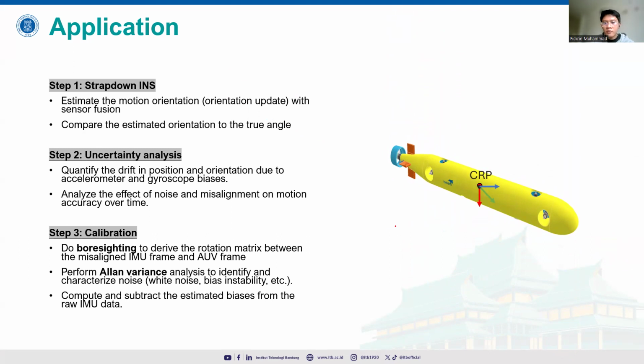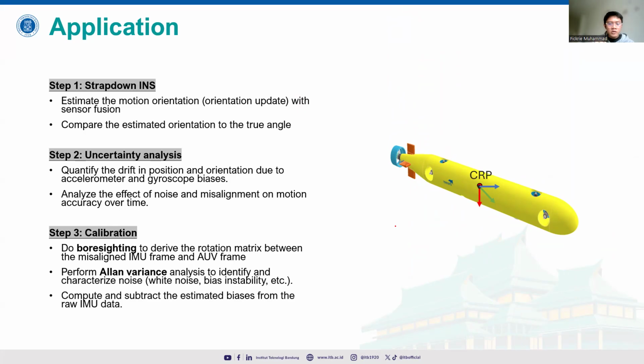We put the IMU, for example, on a table, and then we record the data for a long time period, for example, 1 day, 24 hours, and then analyze and identify the white noise, bias, and stability, basically characterize the noise.